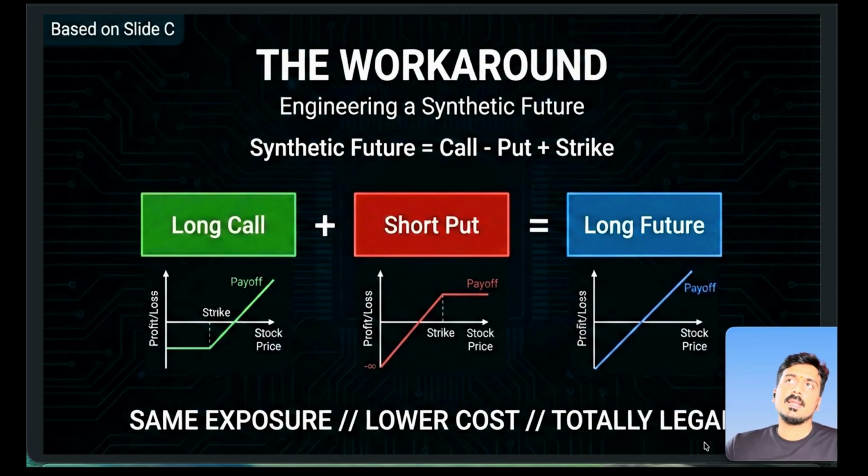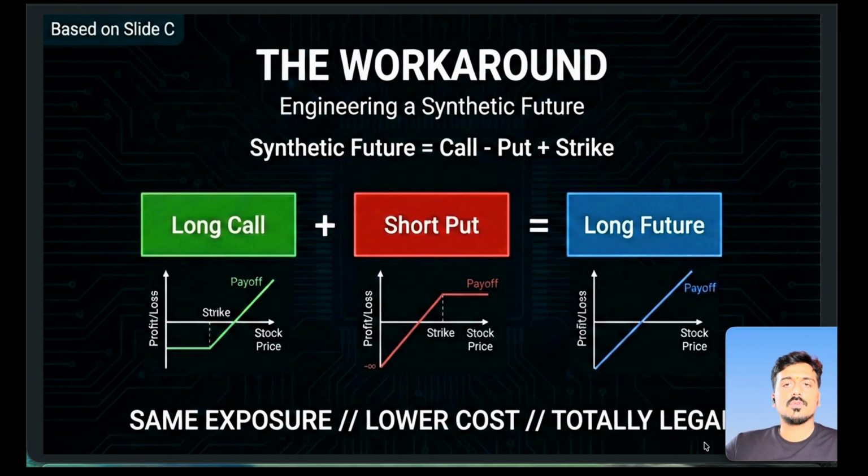It is a payoff that is similar or the same as the future payoff, but obtained by combining different options. As you can see on the slide, I have given the payoff of different options also. Basically, for any given strike, preferably the ATM, if you buy a call and sell a put, you can see the payoff of the call and the payoff of the put.